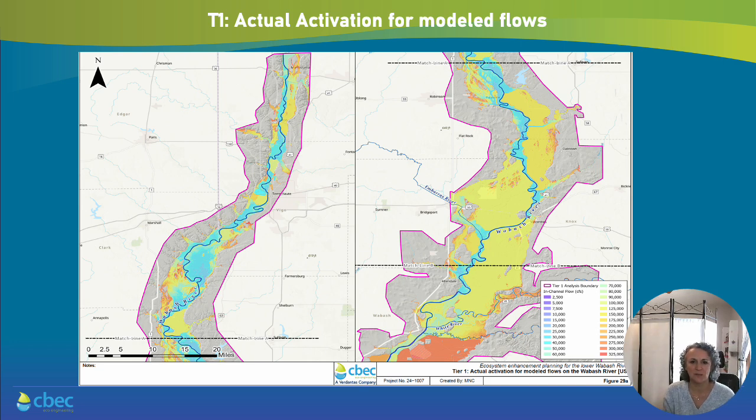Hydraulic models were used to simulate the river flow and how high the water gets at a given flow and how it interacts with the landscape in terms of velocity and inundation extents. HEC-RAS models exist for the entire Wabash River from Terre Haute all the way down to the Ohio River, and that was used in this effort.